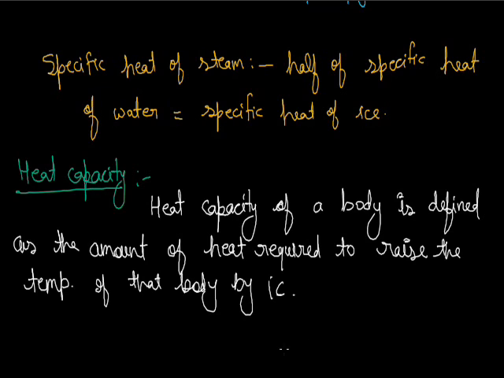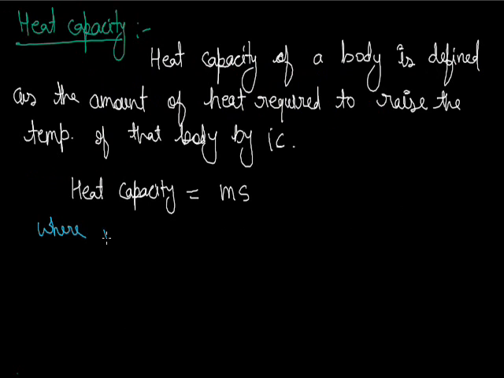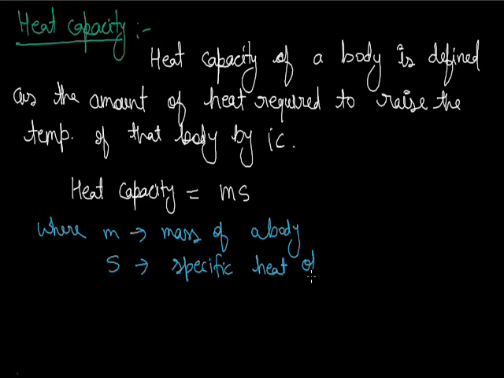Heat capacity is equal to m into s, where m is the mass of the body and s is the specific heat of the body. Now, the unit of heat capacity.